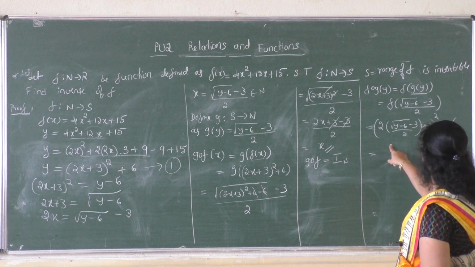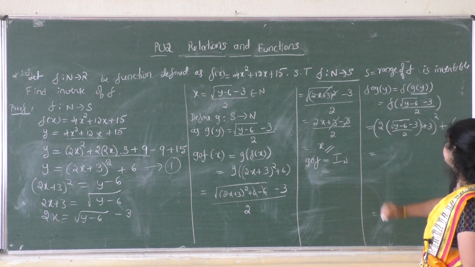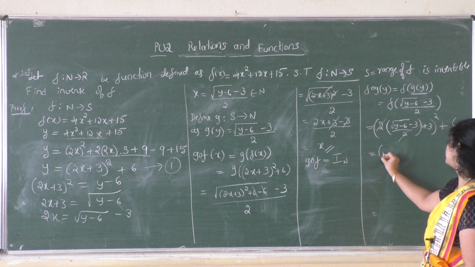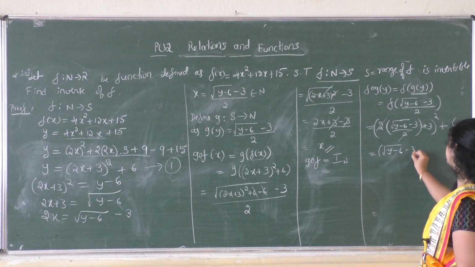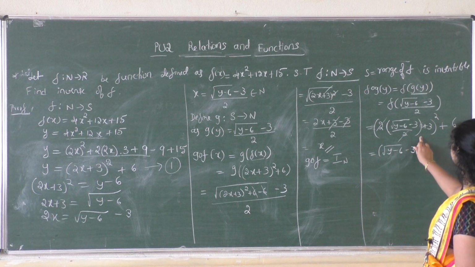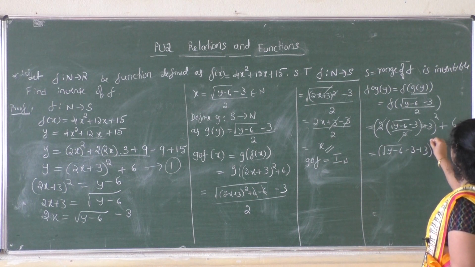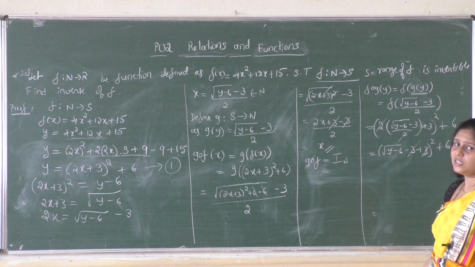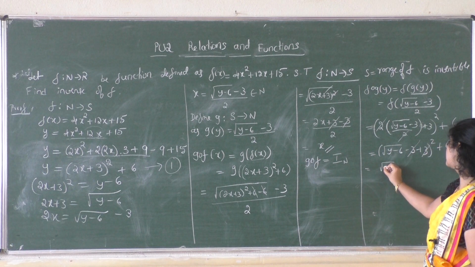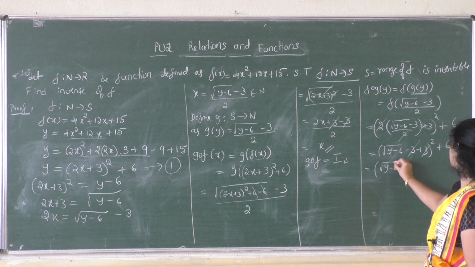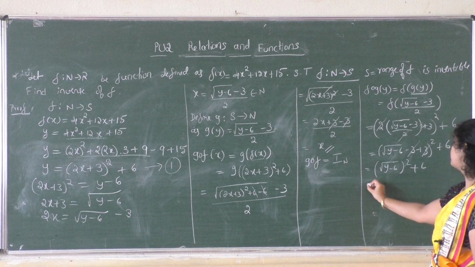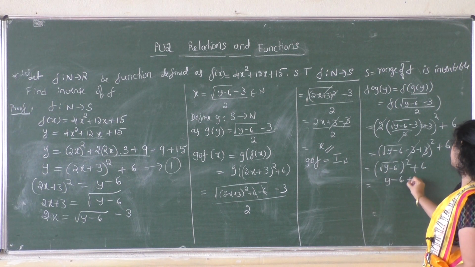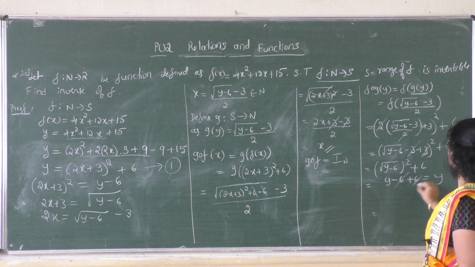Okay, that is equal to, you can see the 2 cancels, so we are having (root y minus 6, minus 3, plus 3) whole square plus 6. Here minus 3 and plus 3 cancel, that is (root y minus 6) whole square plus 6, which is y minus 6 plus 6, which is equal to y.